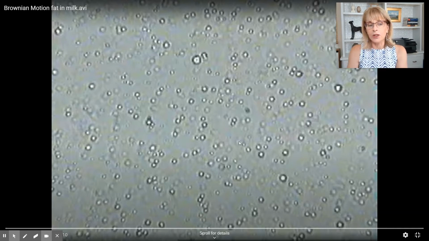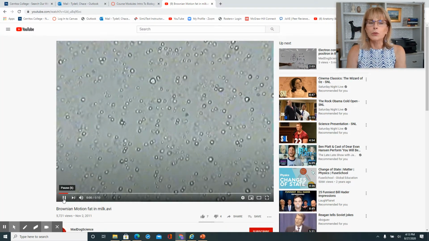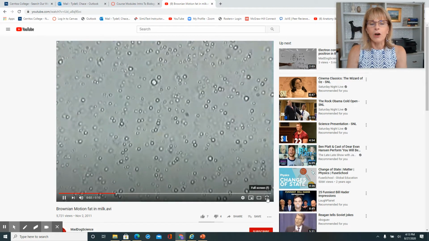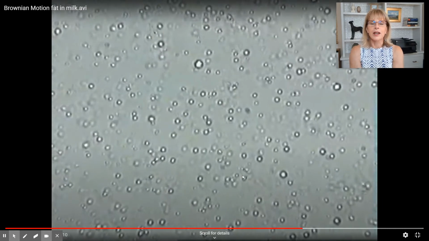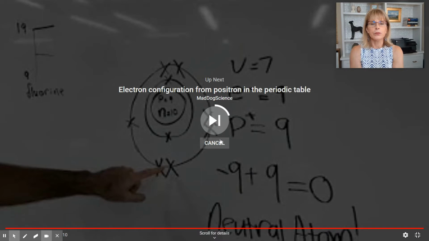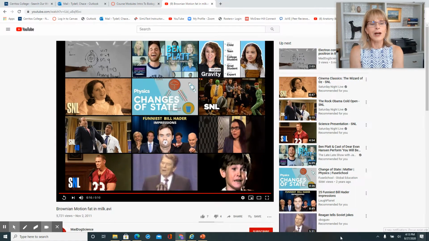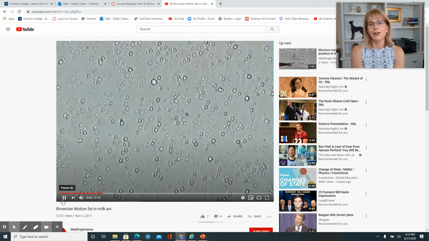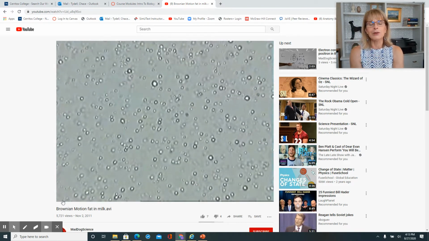This image that we're going to look at shows little droplets of fat that are in milk. And if you look at this, you can see that they are jiggling. Now, if you saw this in the microscope in the lab, you might assume that the table is just jiggling a little bit. But actually, that's not what's going on.